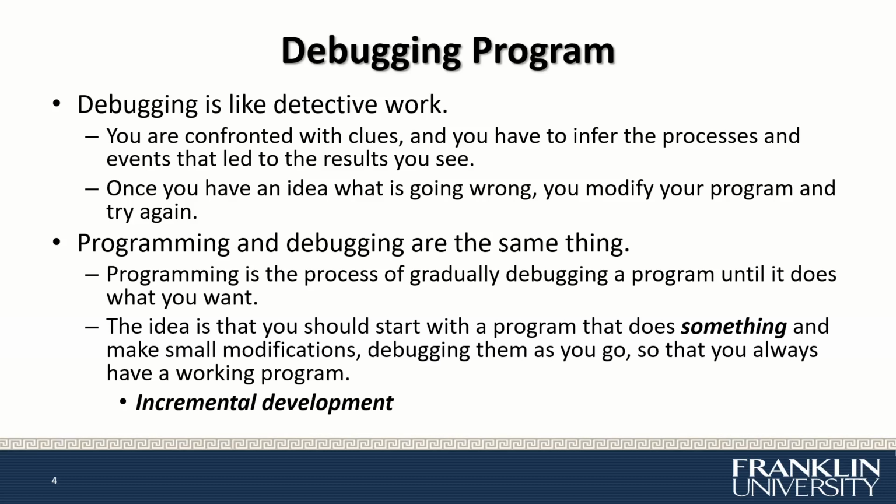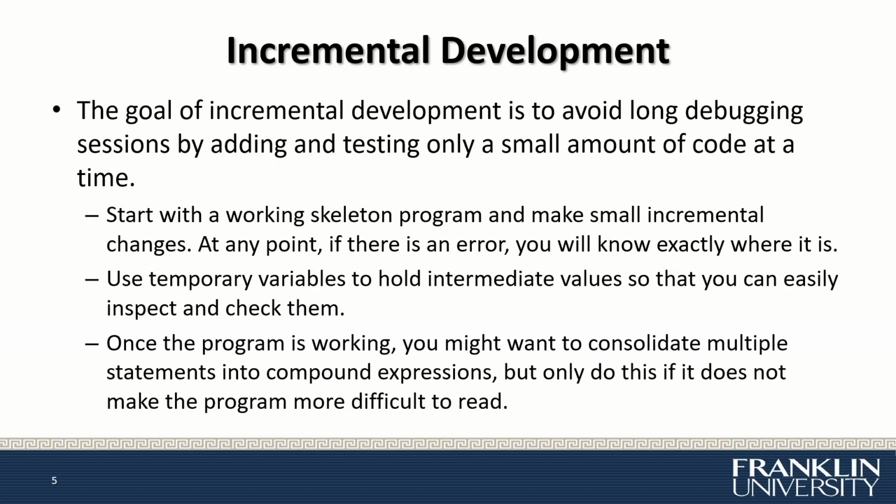The idea is that you should start with a program that does something and make small modifications, debugging them as you go, so that you always have a working program. This is called incremental development. We talked about this back in COM 101. The goal of incremental development is to avoid long debugging sessions by adding and testing only a small amount of code at a time.